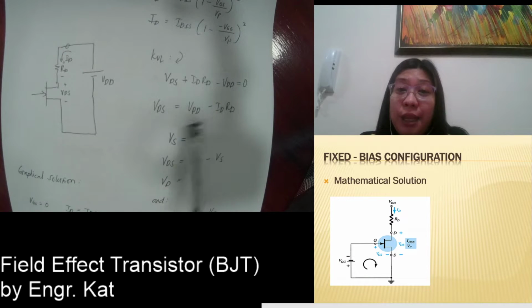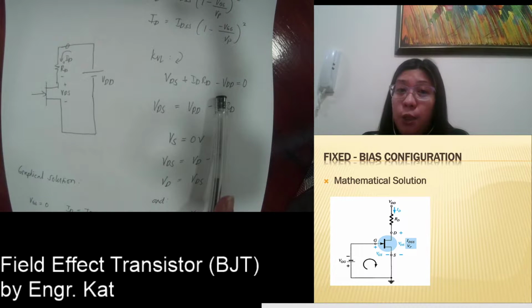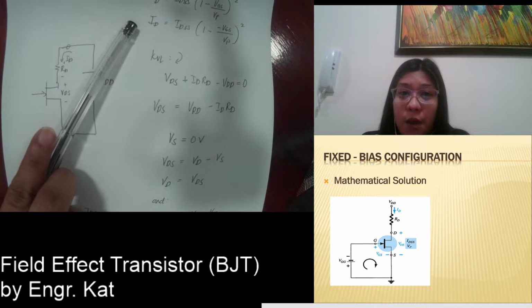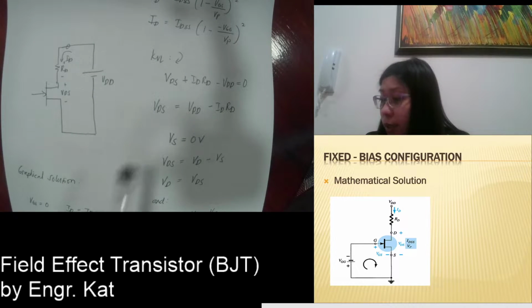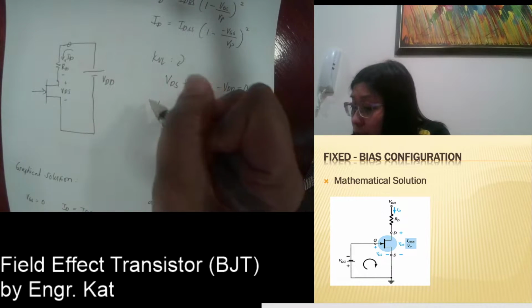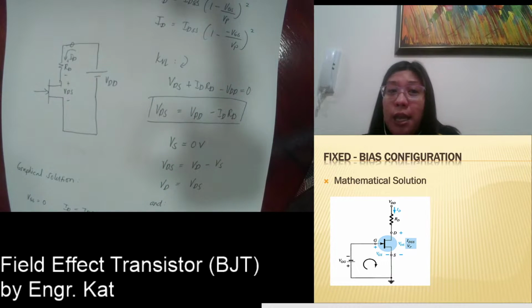So the only thing that is unknown here is your VDS. Why? Because VDD is your source, RD is your resistor in your circuit, so this is usually given. And then we have already solved for ID from our input side. So therefore, we can right away solve for your VDS, which is equivalent to VDD minus IDRD.